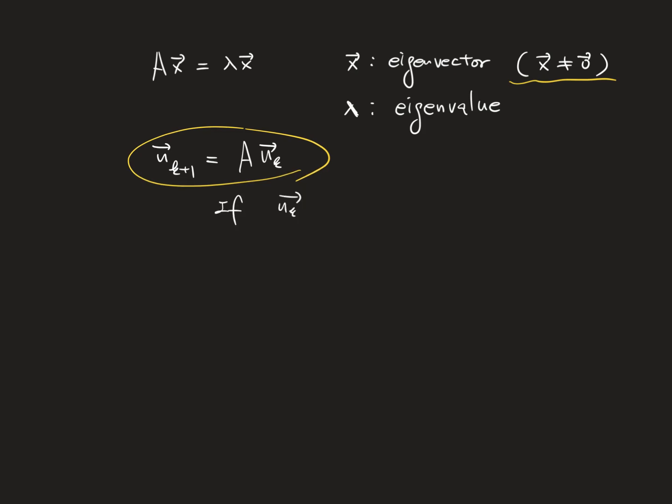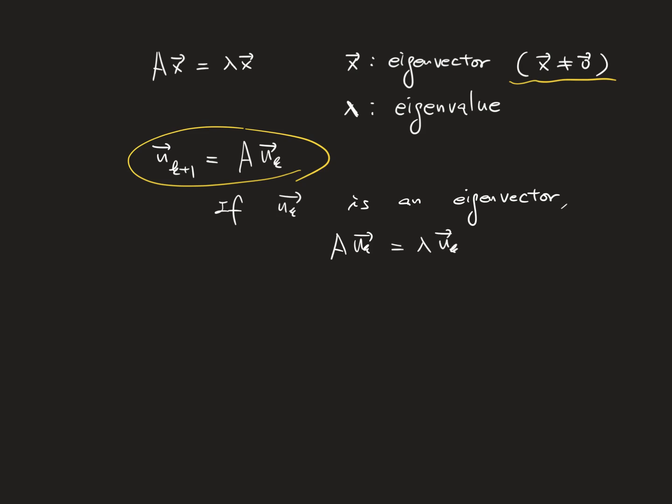For example, we're solving this difference equation, and if uk is an eigenvector, then we can write A uk will be lambda uk.